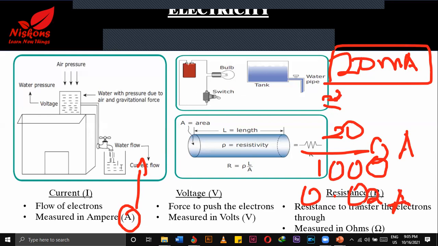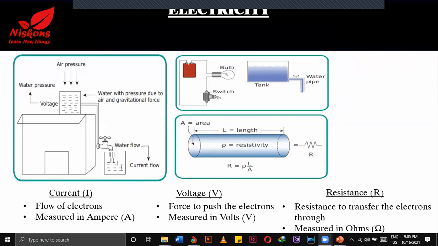We will only use 20, 30, 40 milliampere currents. Only small amounts of current we will learn. So that is called current.